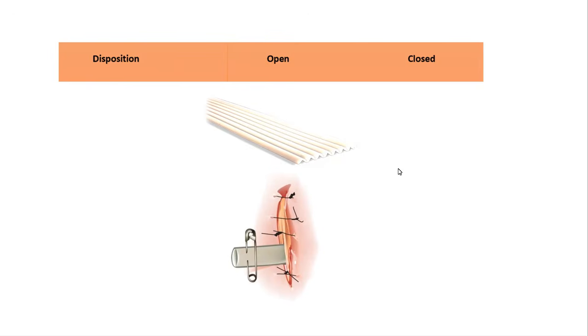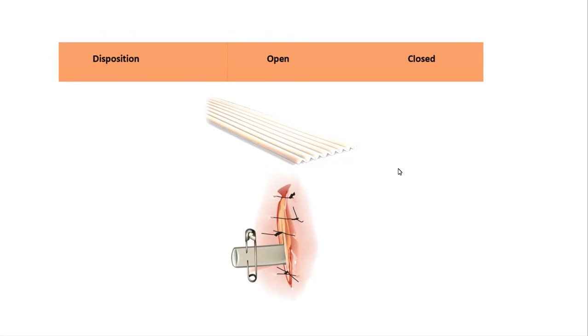So the corrugated rubber drain, the first one, and the second one, the Penrose drain, are used if you have an abscess and you are not worried, as you already have an infection, so you put a drain in. And this drain is open and passive.